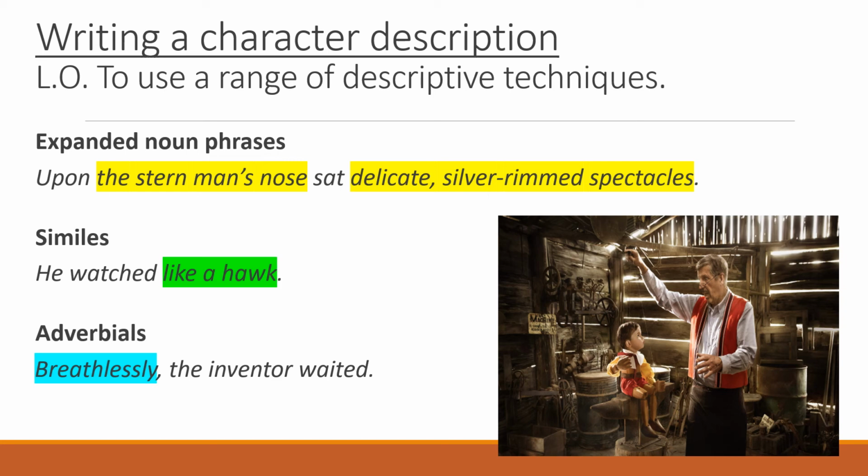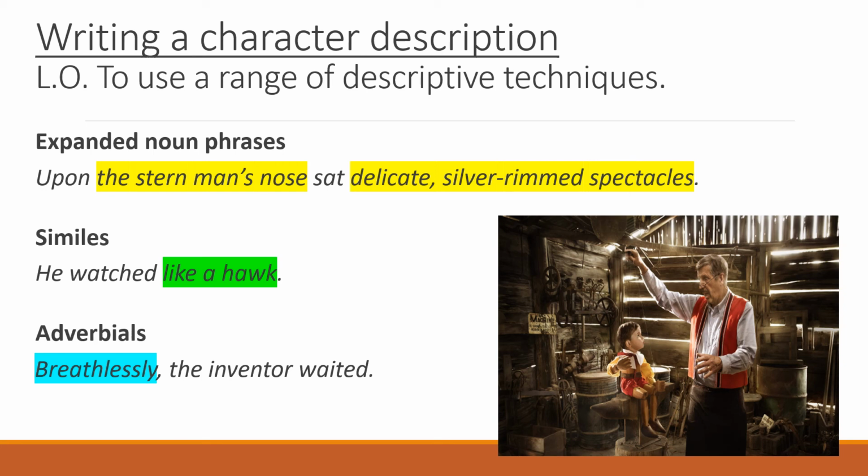So I've chosen to describe him as a stern man, so strict, not kind or caring. So upon the stern man's nose, nose being the noun, and then the stern man's nose forming the expanded noun phrase. And then upon his nose sat delicate silver-rimmed spectacles. Spectacles being the noun and delicate silver-rimmed being the adjective. So I've used some expanded noun phrases there in my description.